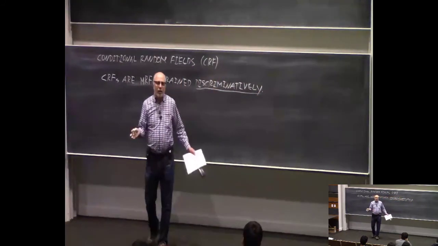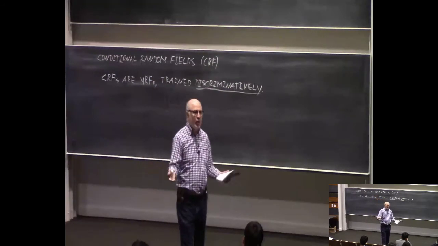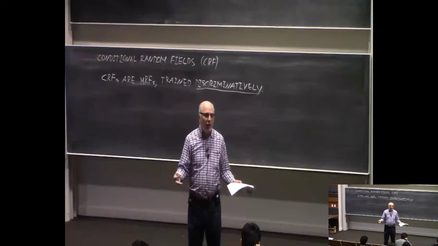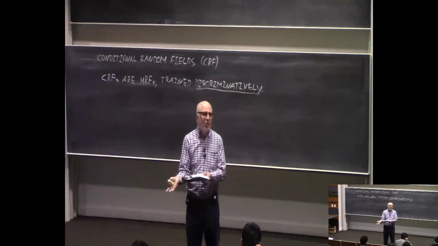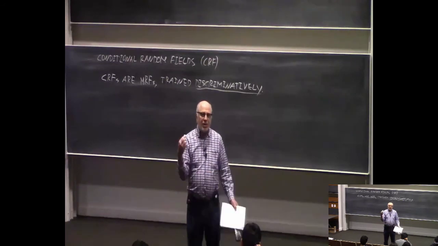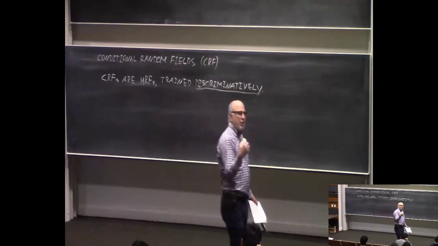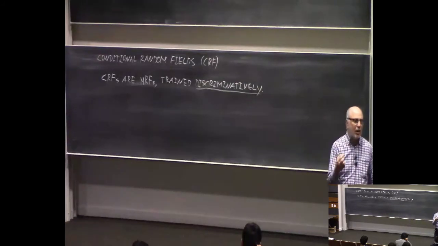In the general UGM case, we said you have a bunch of variables. You don't make a distinction between inputs and outputs. And you're ready for any kind of inference. Set any subset of them and ask about the value of some other subset. CRFs are particularly suitable for cases where there are distinctions between the variables. Some of them are typically known, observed, and there are some that are the ones you really care about.